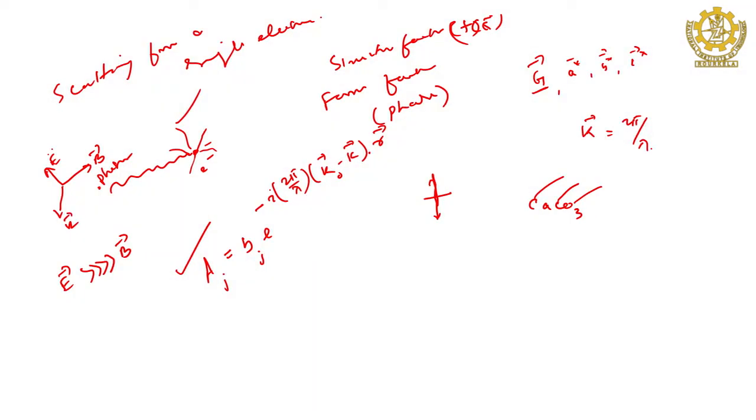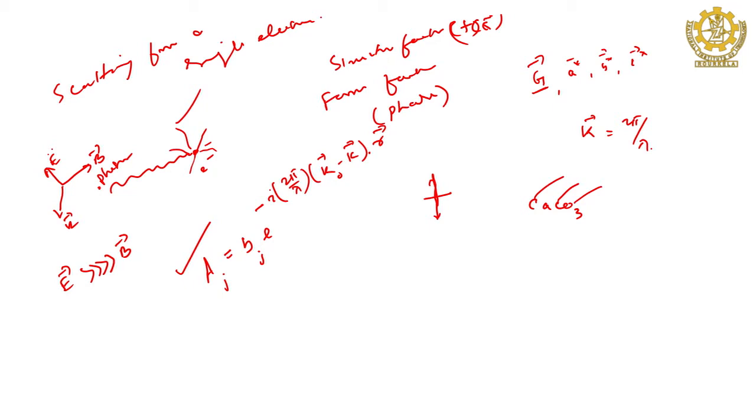So, obviously it is a Fourier transform, right. The amplitude is a Fourier transform because it is an exponential function, and this b is a constant corresponding to that electron which is scattering the photon. So, the expression for a single electron is given by this relation. A is the amplitude, right.